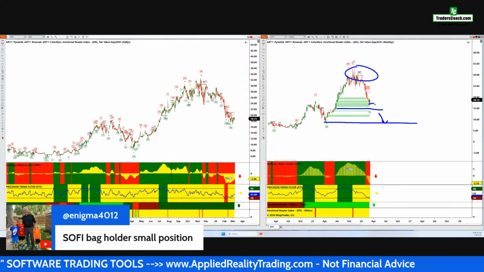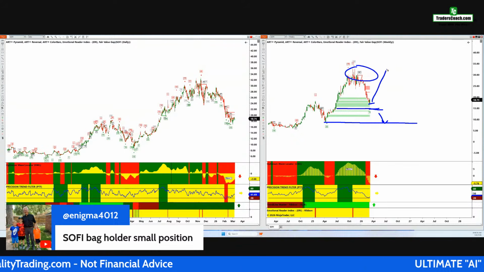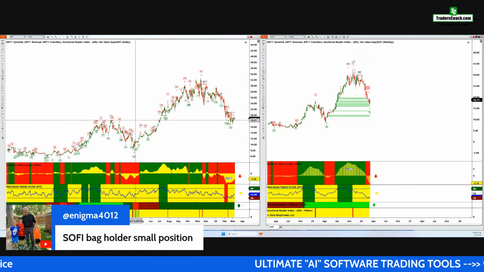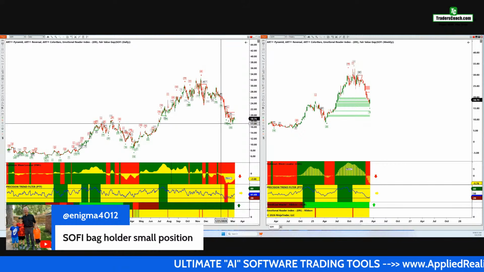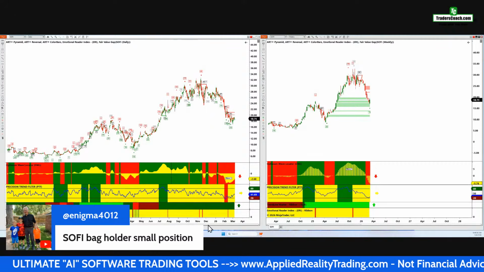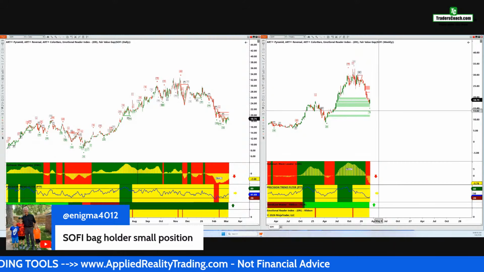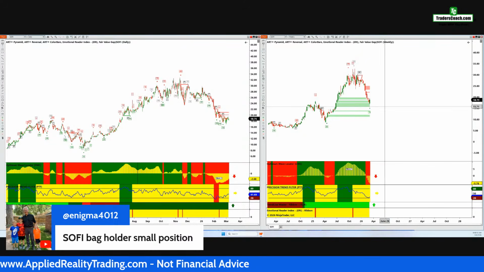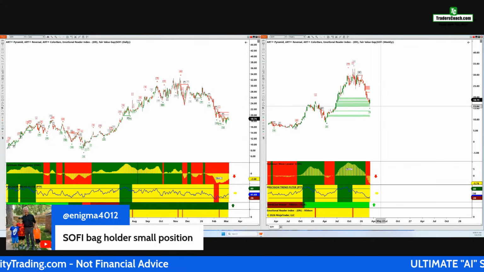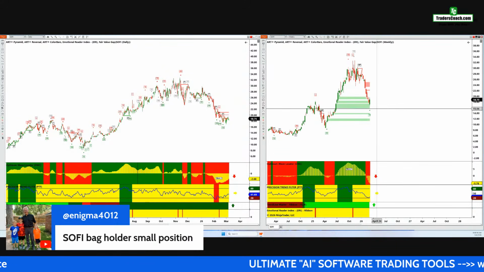Since you've ridden it down this far, why don't you give it a few more points and see if you get a rebound from here? All right, so the daily chart is showing a downtrend. There's no question about it, and it hasn't reversed yet. I'm just saying there's a potential that we could see a reversal after these fair value gaps have been completed.